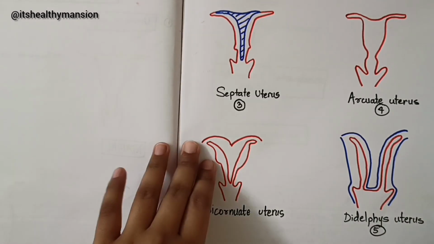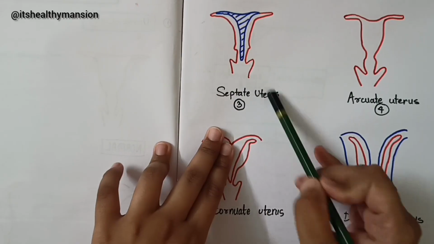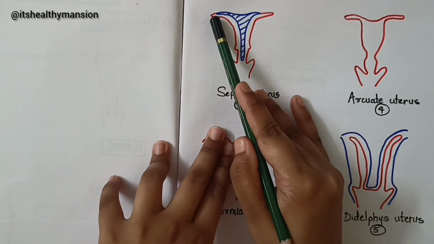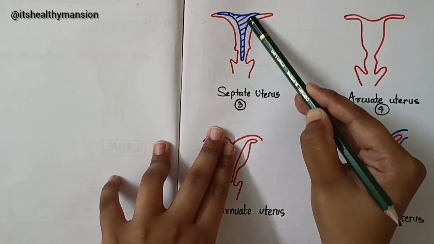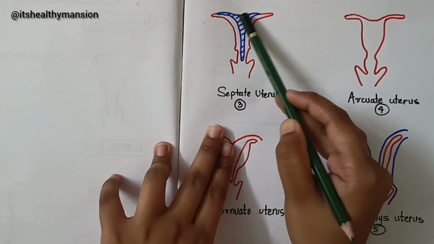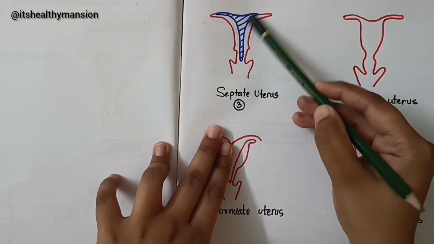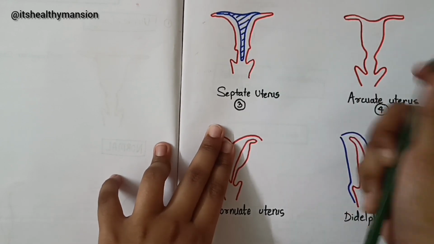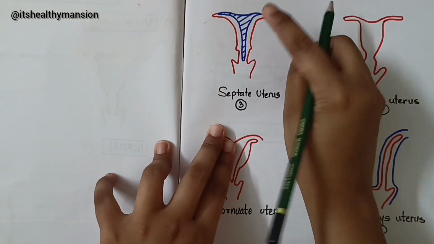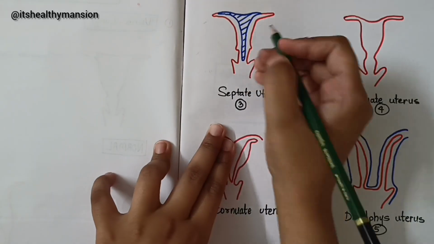Now the next uterine anomaly is the septate uterus. You may see two cornua, but between the cornua, between the uterine cavity, you may see a dark line which is traveling here, in dark color.